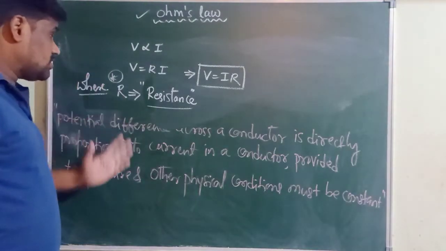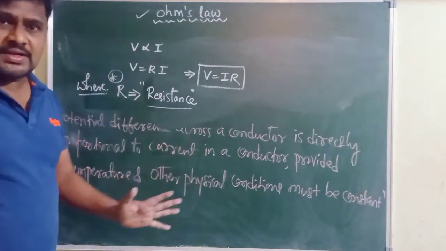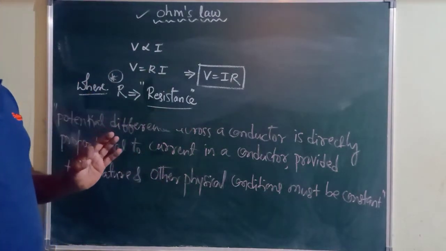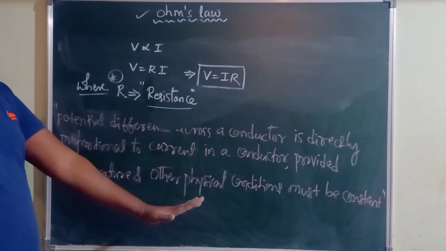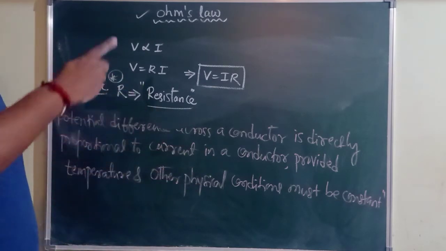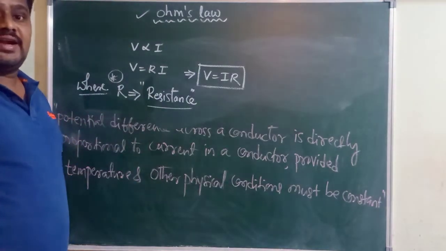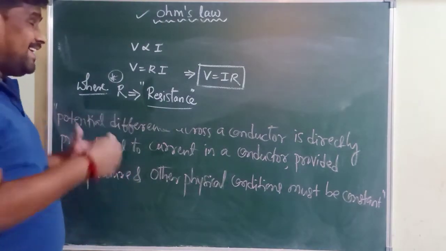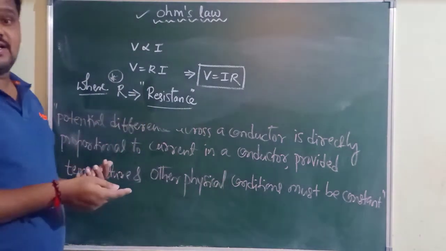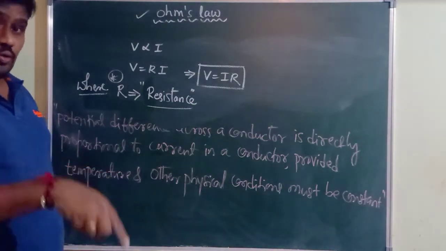Resistance of a given wire or conductor depends on the dimensions of the conductor, like length and area of cross section. It also depends on what? The temperature of that conductor, whether the conductor is at high temperature or low temperature.